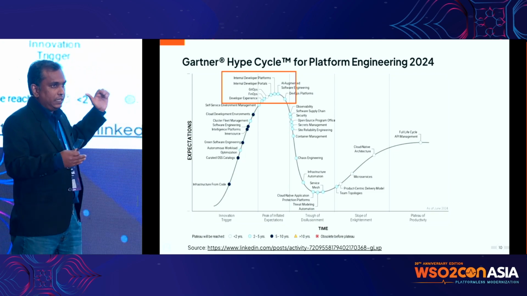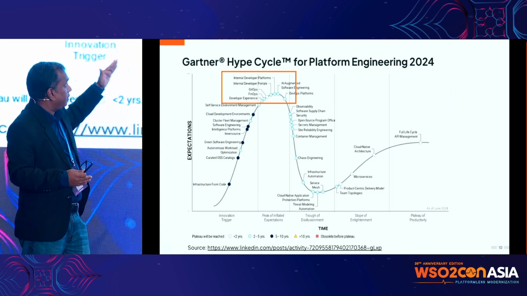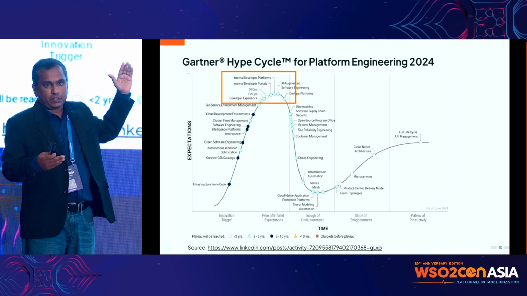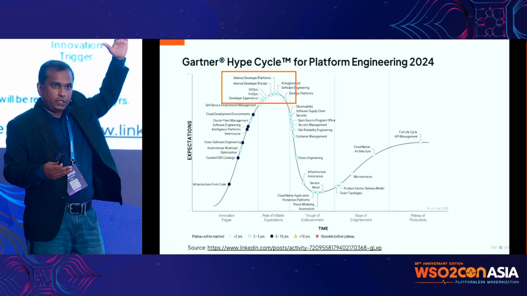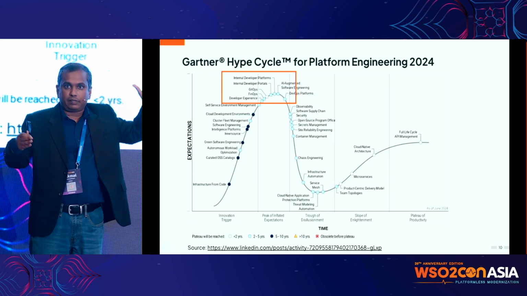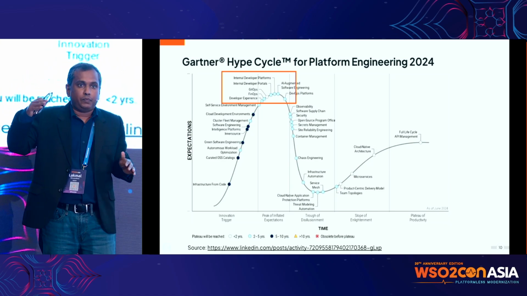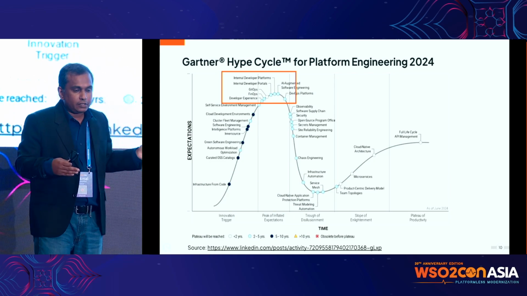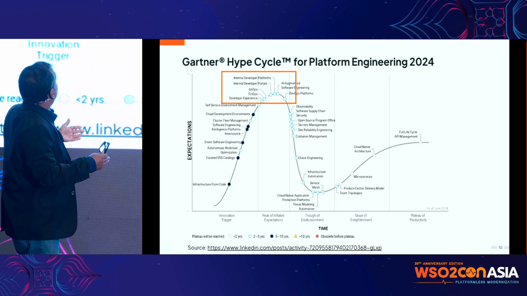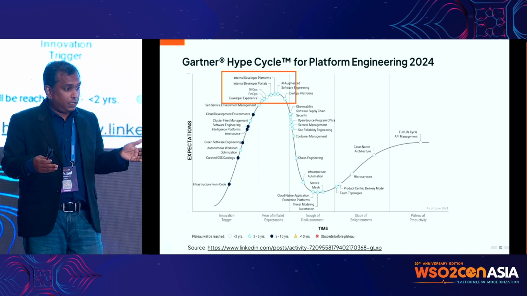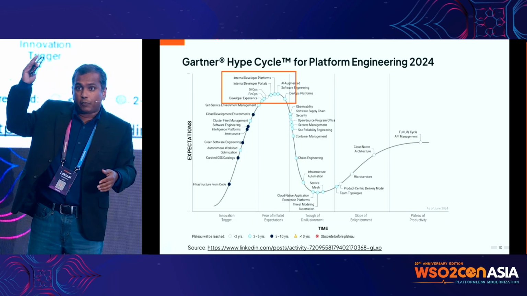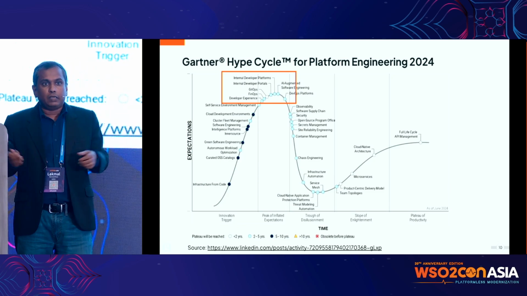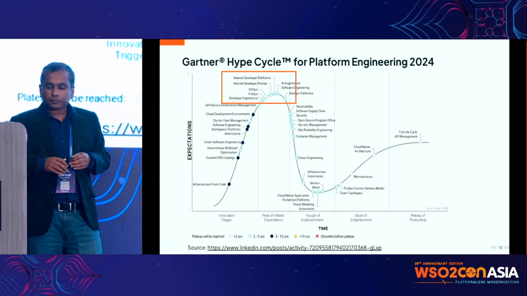In the early stage of this curve, the new trending concepts are mapped. Then at the top of this curve, it's at the peak of the hype. So in 2024, according to Gartner, platforms like internal developer platforms and internal developer portals are at the top of the hype. So everyone tries to build a platform, everyone tries to use the platform engineering concept.